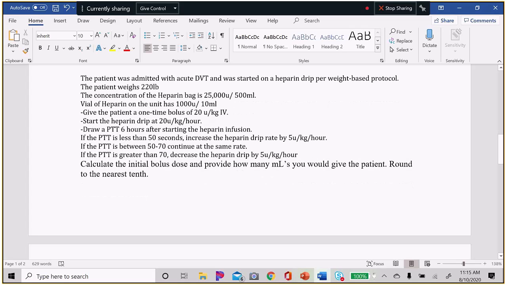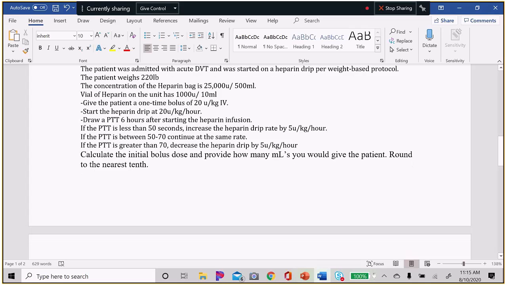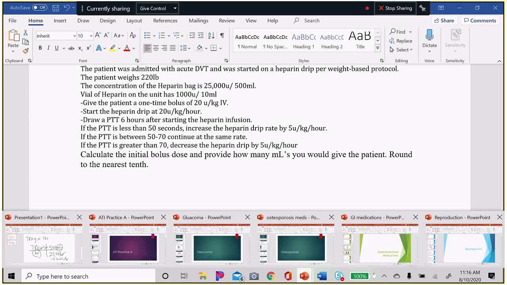And again, we have our orders that we're giving a one-time bolus, and we need to know how many milliliters to give, and our one-time bolus is 20 units per kilogram IV, and that means we need to take it from the vial because it's the bolus.